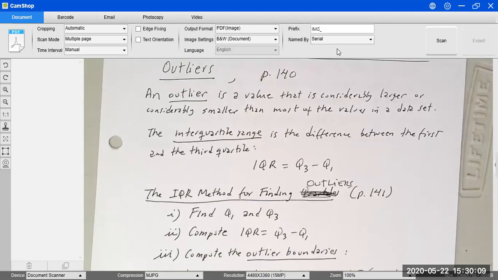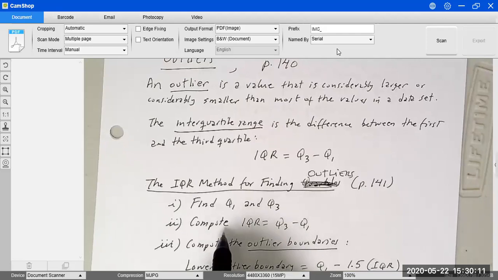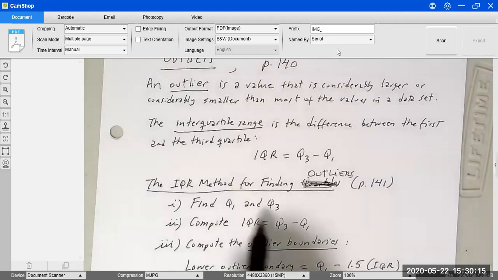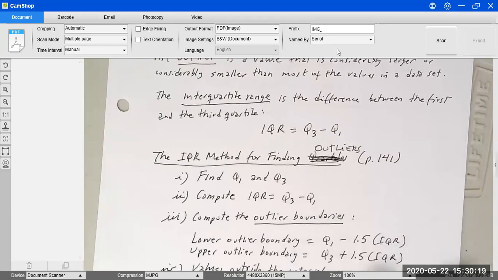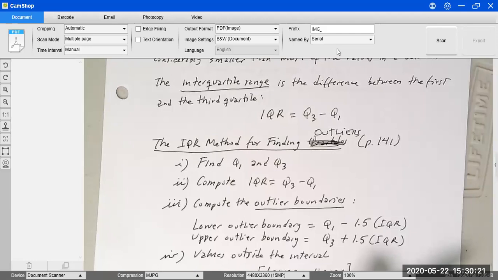So the first step is going to be finding the first and the third quartile. We know how to do that. Then we're going to compute the interquartile range, which is just the difference of these two values. And then we're going to compute boundaries that are going to determine the region where you're going to find the outliers, distinguishable from the region of the more ordinary or common values for your data set.